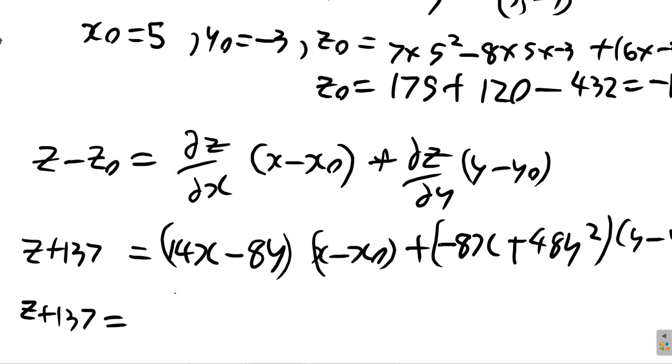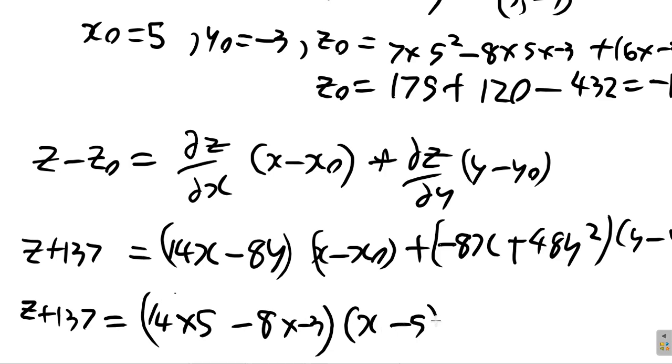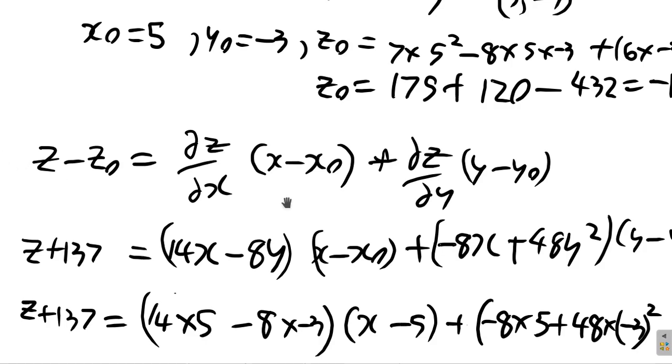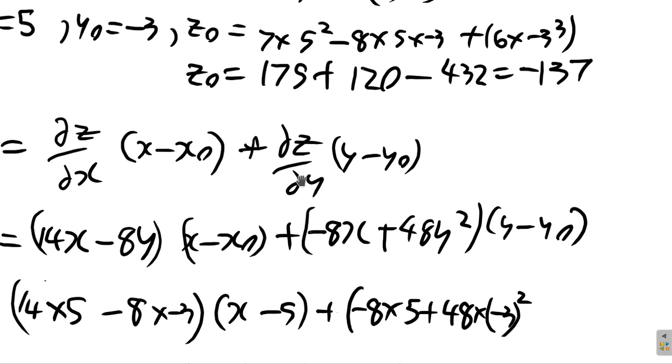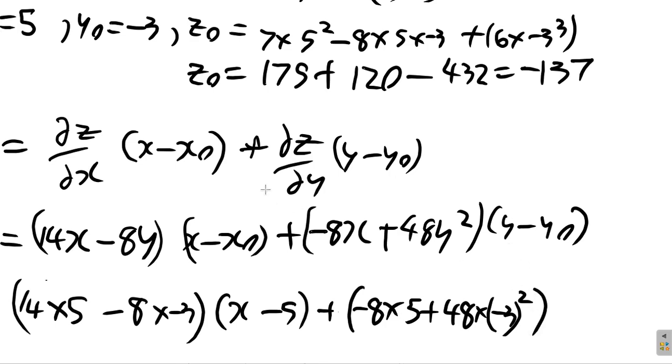What we have is 14 times x naught, which is 5, minus 8 times y naught, which is negative 3, x minus 5, plus negative 8 times 5 plus 48 times negative 3 squared, times y minus y naught, which is negative 3, so y plus 3 then.